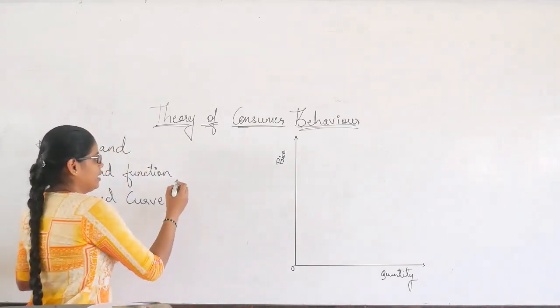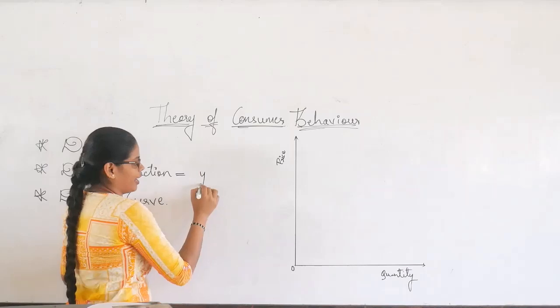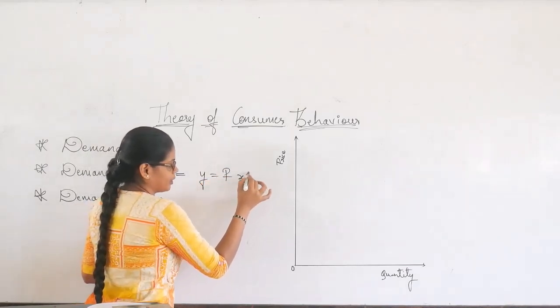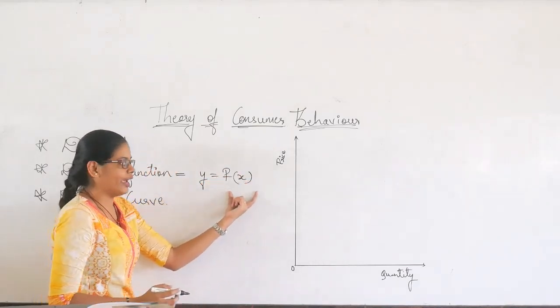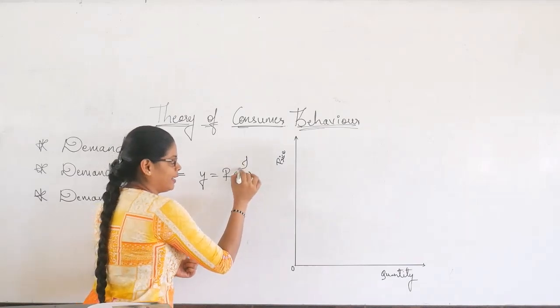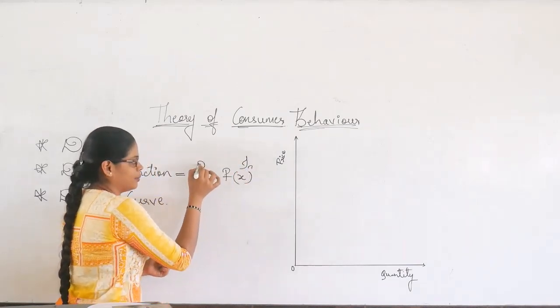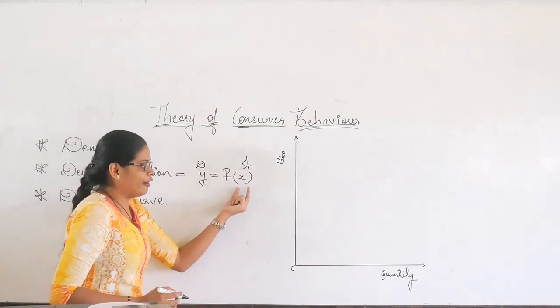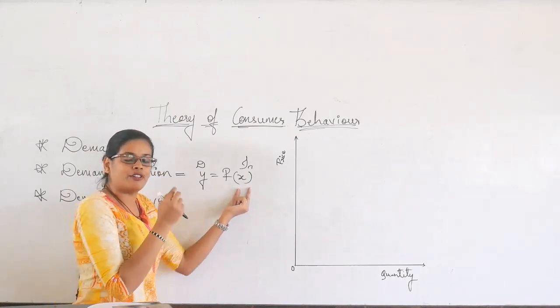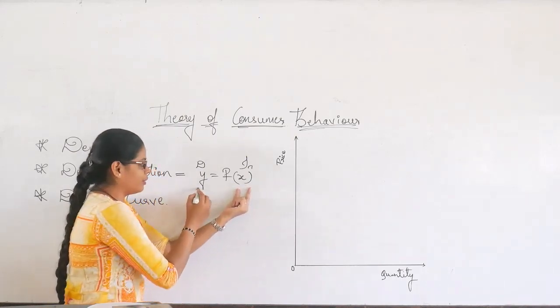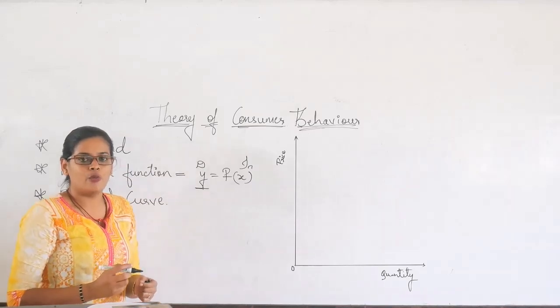Here the demand function is y equals f of x, a function of x. So x is an independent variable and y is a dependent variable. For each value of x, there will be a unique value of y.